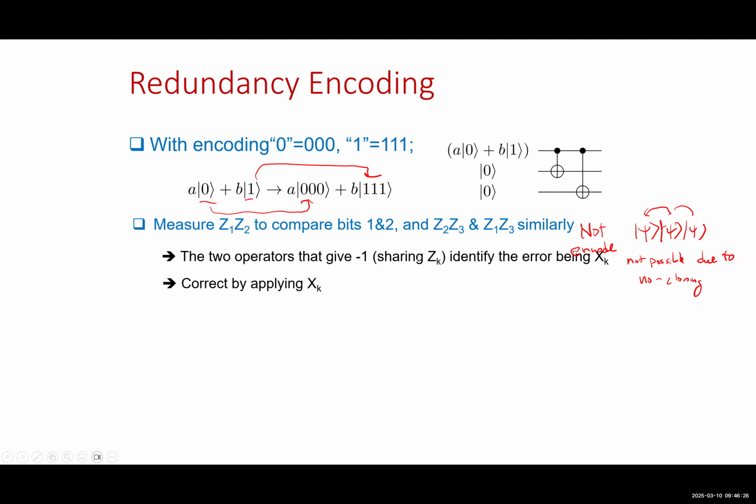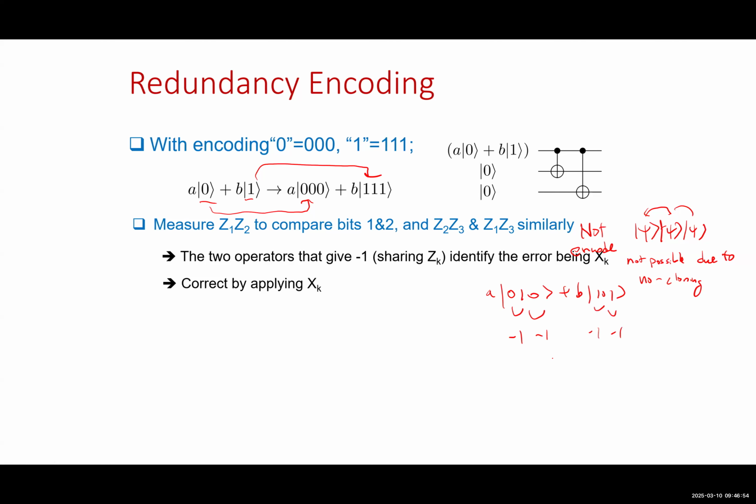So you can know which pair has an error, and then also measuring the other pair, you can uniquely identify which should be flipped. So for example, this could be A times 010 plus B times 101, and you compare: there is a minus sign, minus sign, and minus sign.